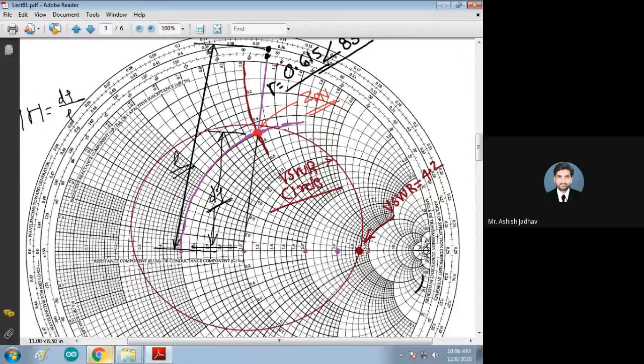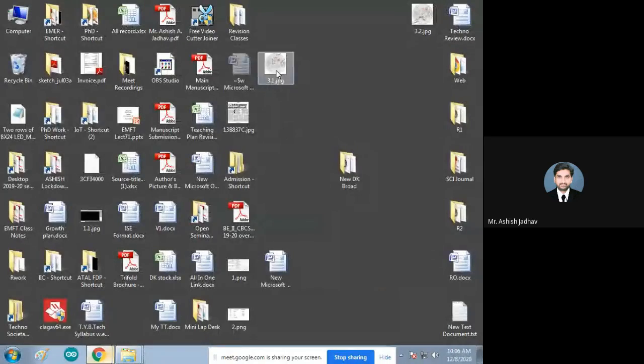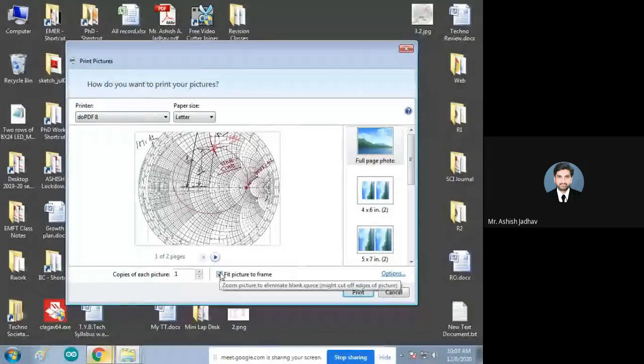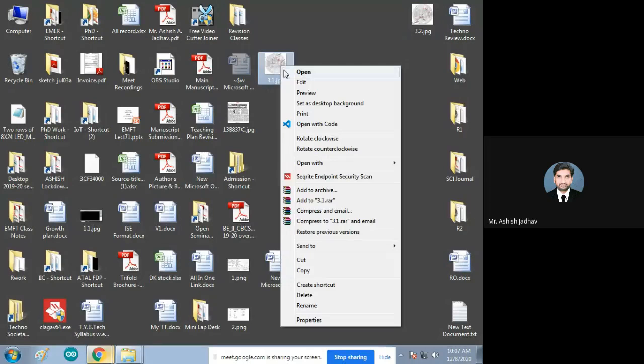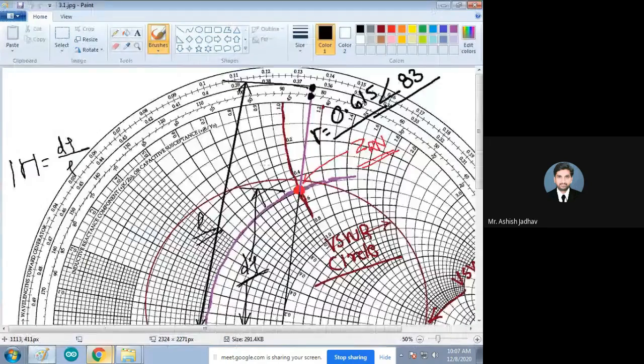I need to connect the pointer so that, right?